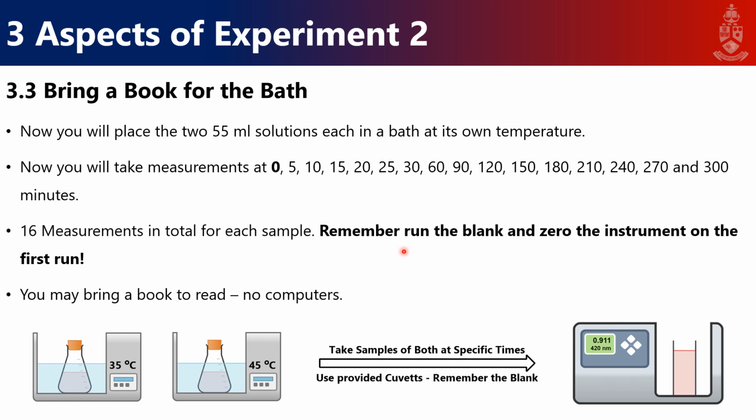You blank or zero the instrument once, and then it's zeroed for the rest of the experiment, and you don't need to run it again. If you have to use the UV-vis instrument in the instrument lab, then you will have to continuously run a blank sample. So there is a difference between using a blank on just the first run versus continuously. You need to make a note of that depending on which UV instrument you'll be using on the day.